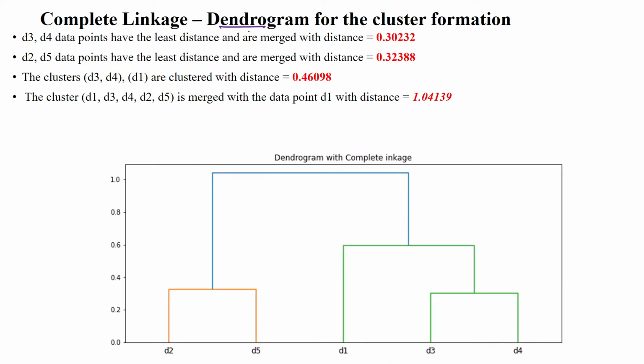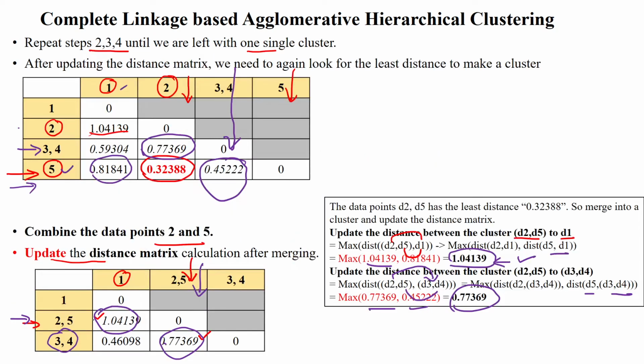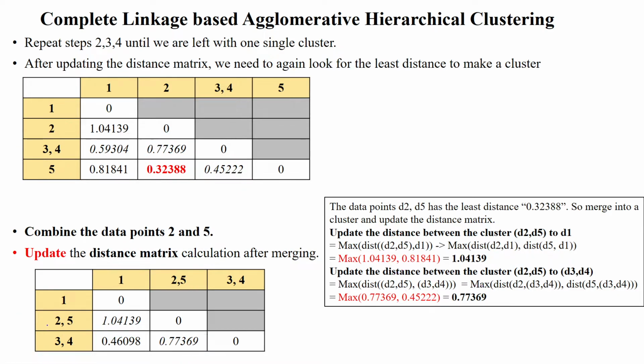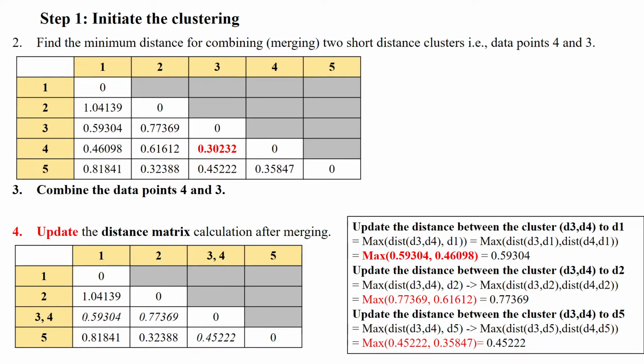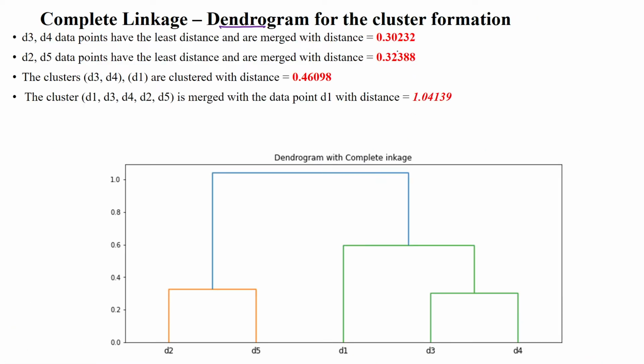Then we have to draw the dendrogram for each step. So the first step is we combined d3 comma d4, with the value given here, 0.30232. So 0.30232 is d3 comma d4. Then d2 and d5 are combined with 0.23238. So look at that, 3 comma 4 was combined first, the height, I mean the distance, is 0.30.